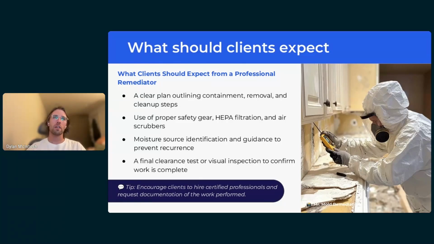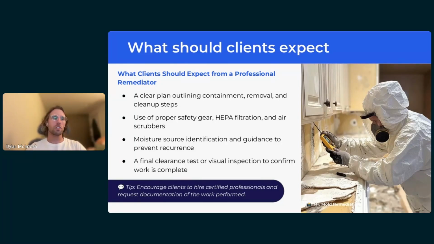But generally speaking, a professional remediator should, prior to conducting any work, have a clear remediation protocol or plan where they talk about the specifics of what needs to be done for containment, removal, and cleanup. These people should be using proper PPE, safety gear. They should be using things like HEPA filtration, air scrubbers, HEPA vacuums, dehumidifiers in some cases.